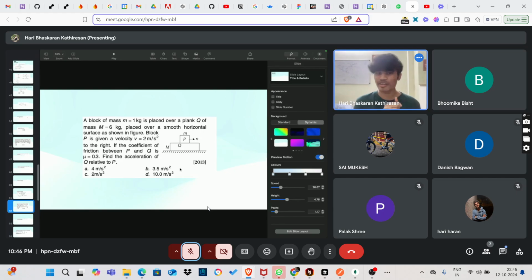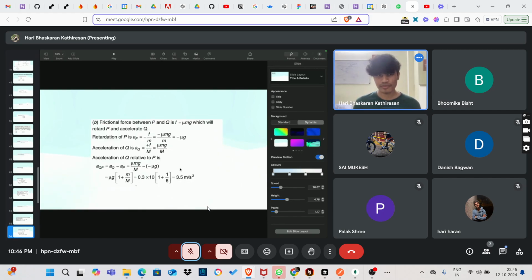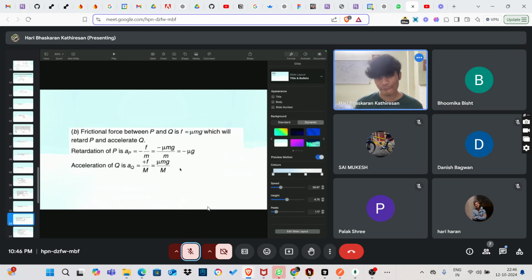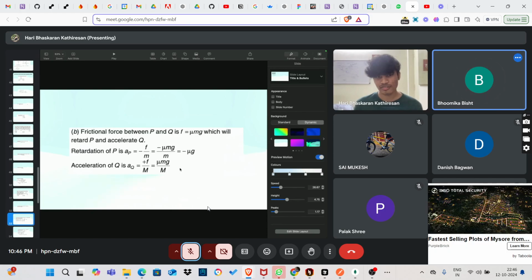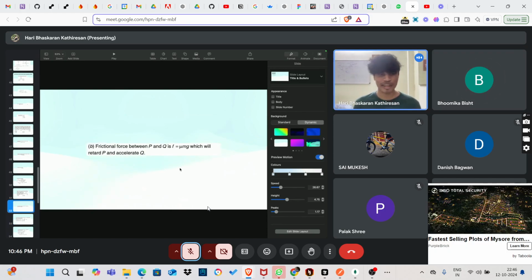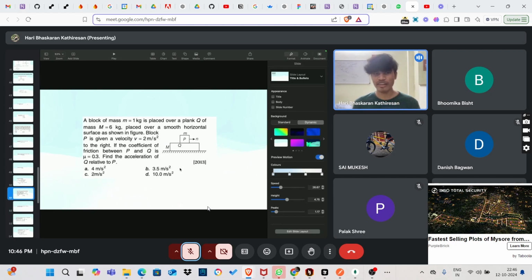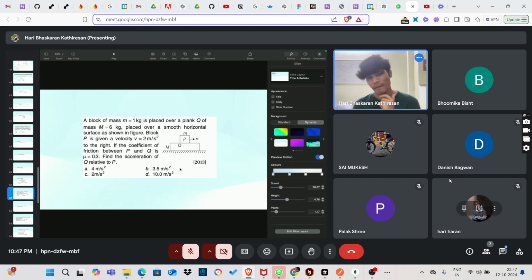We need one more equation, right? Do we need one more equation? Think. I'm just trying to confuse you. They asked us to find the acceleration of Q relative to P. That means mathematically it is aQ minus aP, right?